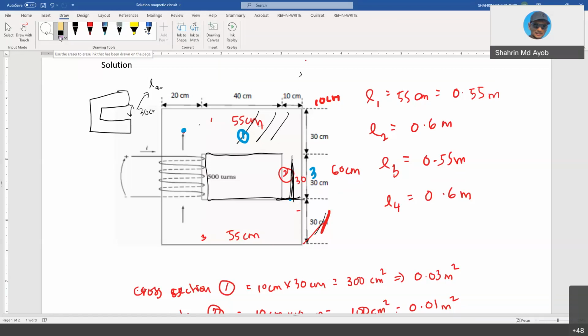It's up to you to do this example on your own, and then watch my video after this, maybe tonight. By next week we will concentrate on transformers, which is topic number 2, a subtopic inside this topic 2 magnetic.